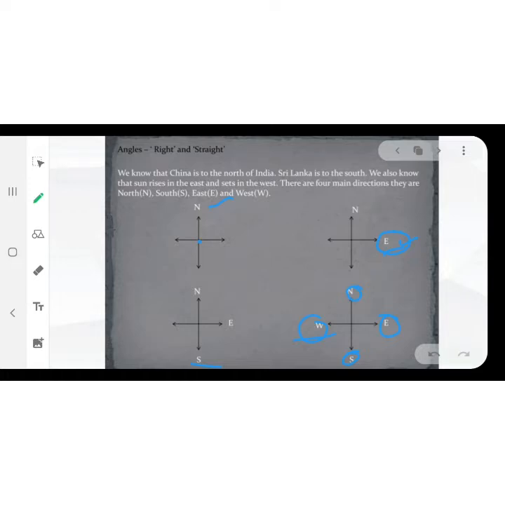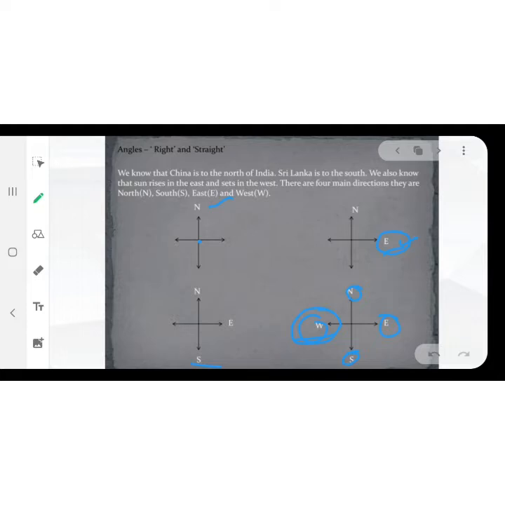The western part of our country's map is here, Gujarat. As you remember your map, our Gujarat comes in the western part of that map, the last part on our left hand side. So there are four main directions. They are north, south, east and west.